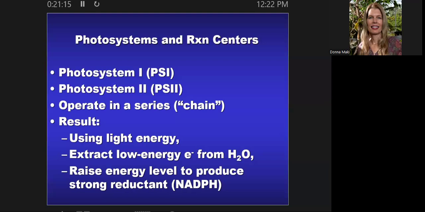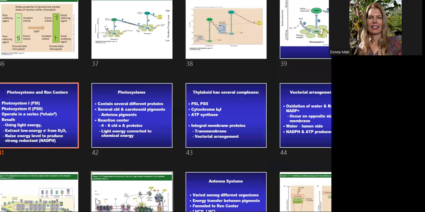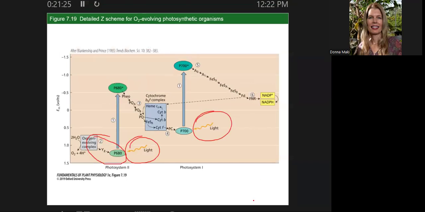So NADPH is a really good molecule. If you look back here and you see where NADPH is on this scale, you can see it's in the negative part of the scale. If it's in the negative part, that means it's happy to give off electrons. It's designed that way.